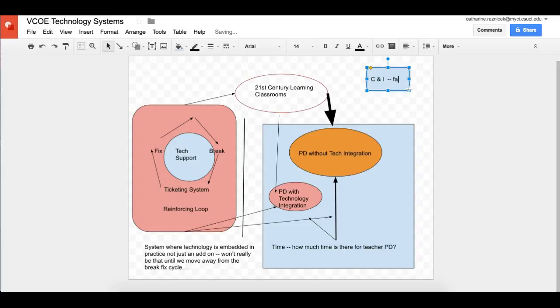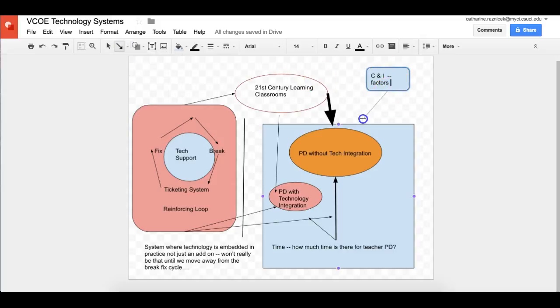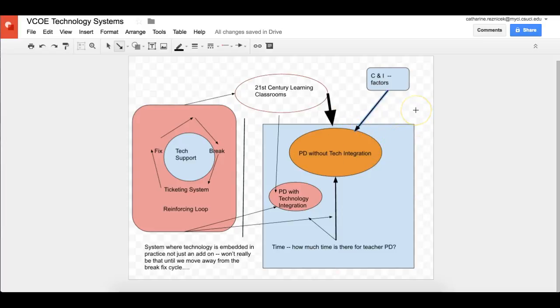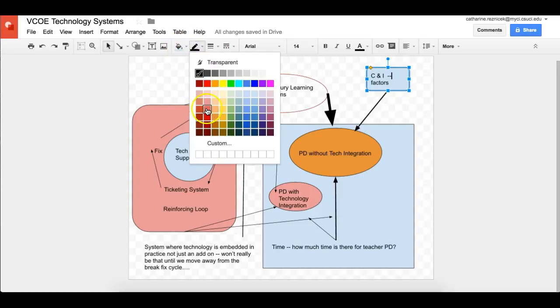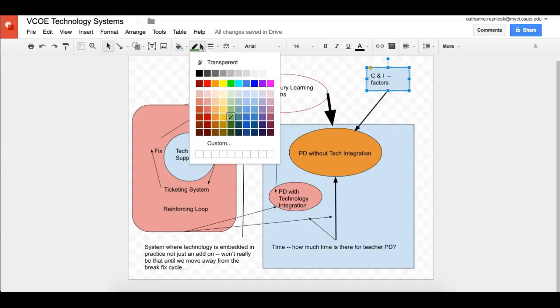Those factors greatly influence this part. So the curriculum and instruction folks, I think, are really driving this, and they tend to have the most power, and they have the most influence in our system, in VCOE for sure.